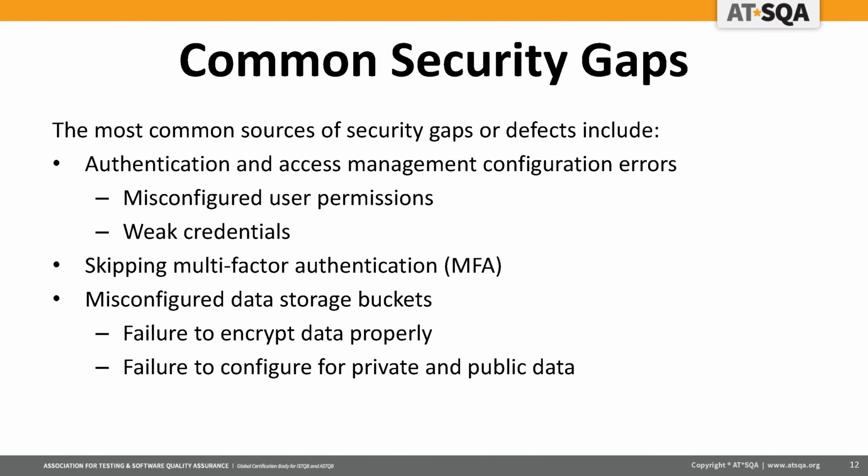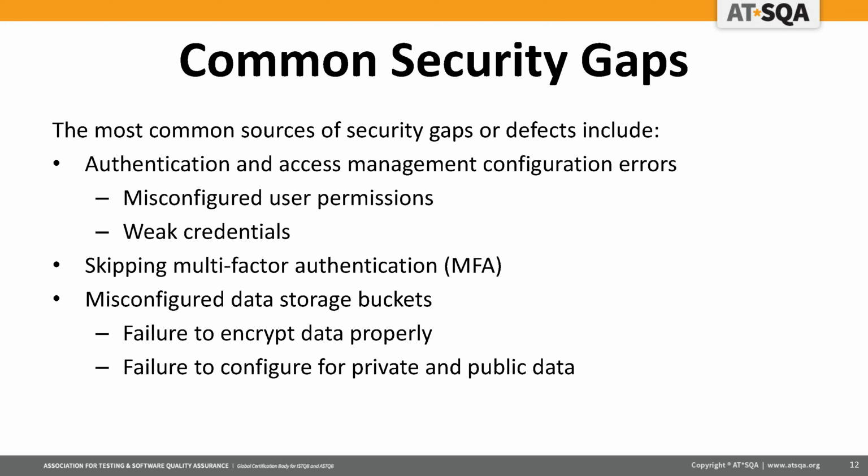In this next section, we are going to discuss security gaps. Despite the focus on system security, numerous common security gaps allow hackers or others to continue to circumvent security protocols. Some of the more common system security gaps include authentication and access management configuration errors.